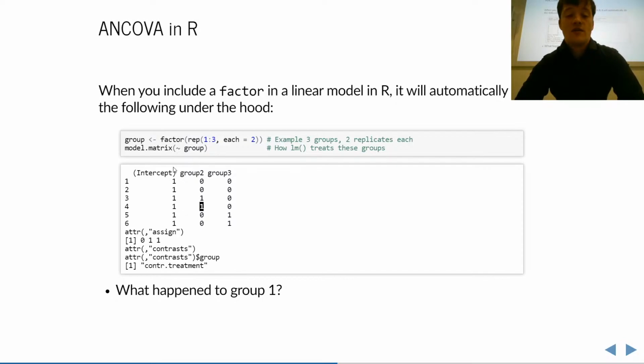Because that adds a constant over here. Everywhere else it adds 0 times that constant, which is the same as saying don't add it. Group 3, okay, apparently observation 5 and 6 are in group 3 because they have a 1 over here and all the other ones have a 0 over here.